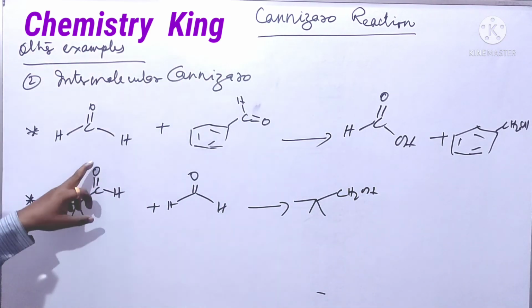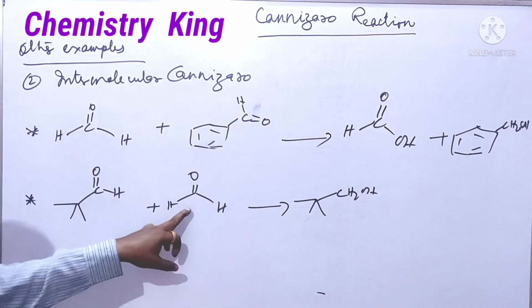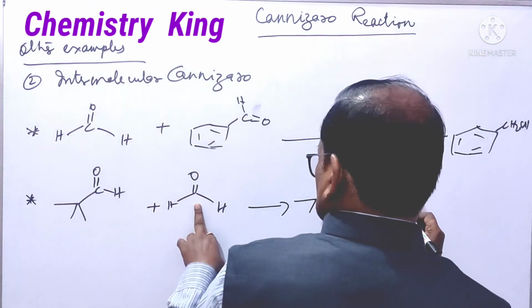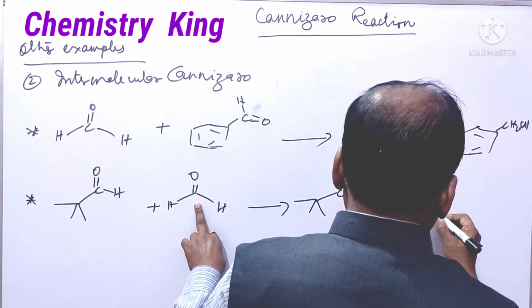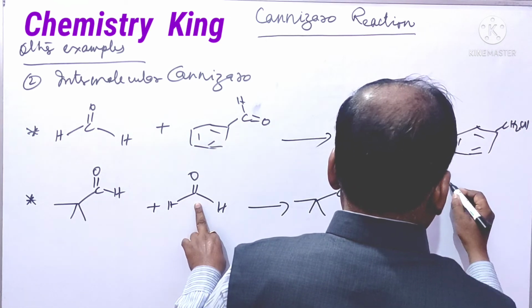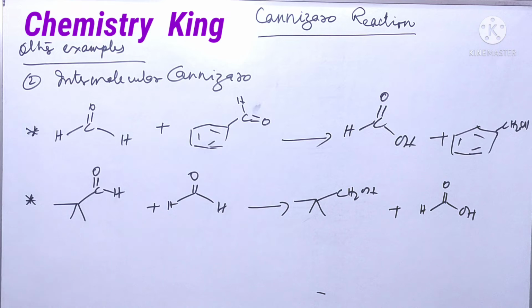This is reduced into CH2OH. And the smaller molecule, this formaldehyde, is oxidized. So it will be formic acid. These two are the examples of intermolecular Cannizaro.